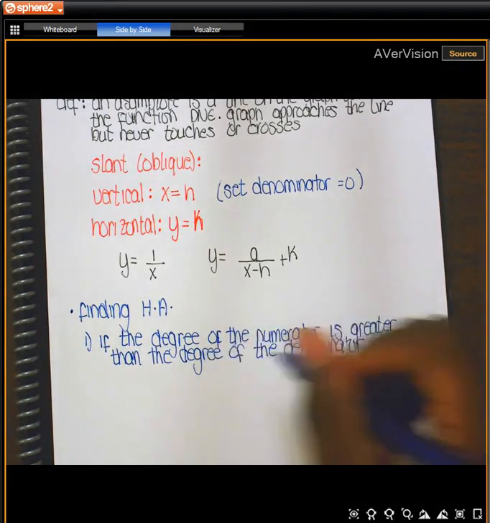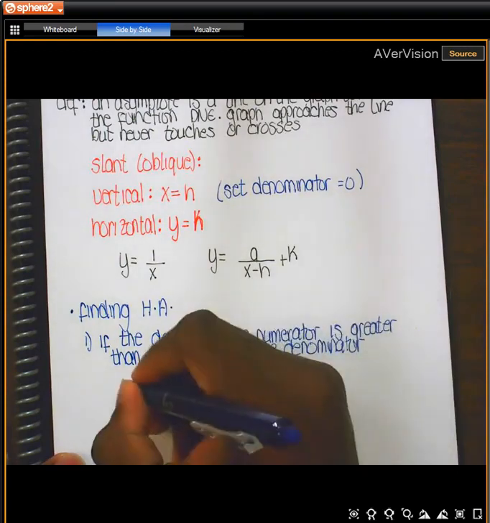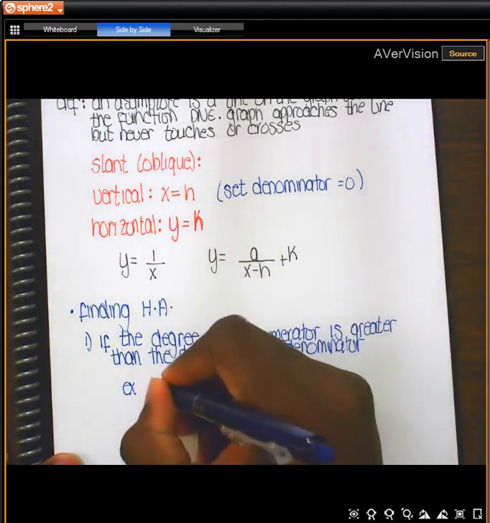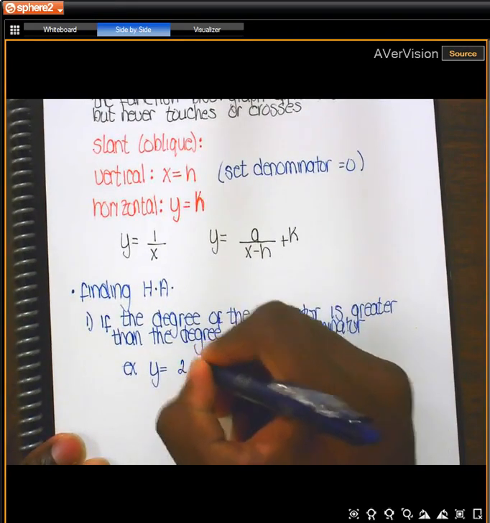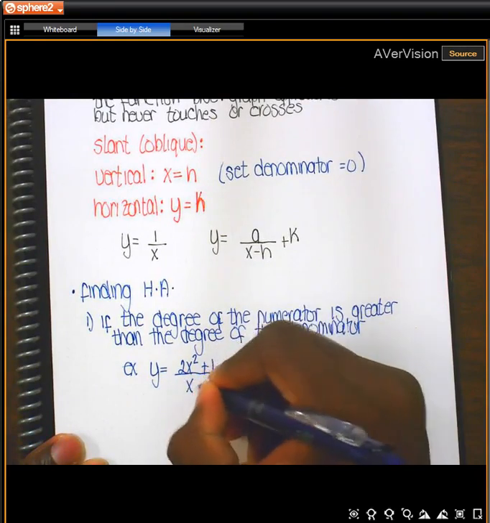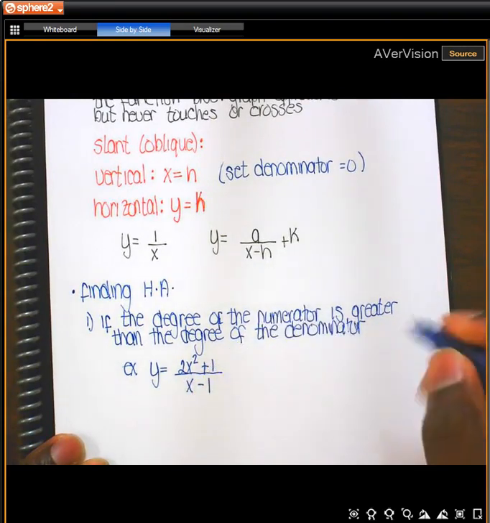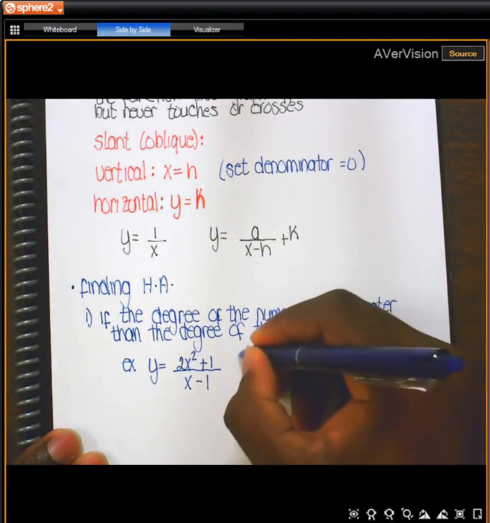So if the degree in a numerator is greater than the degree in the denominator, for example, if we had... Do you know what the horizontal asymptote is?